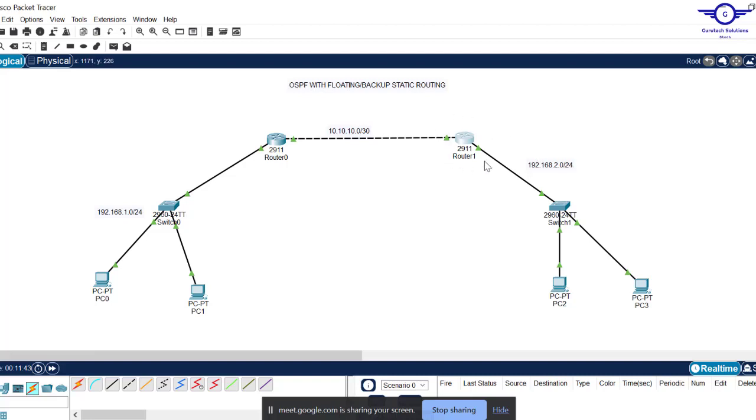Router 1 doesn't know that this network exists, and the same way router 0 doesn't know that this network exists. If they don't know that these networks exist, any device in this network will not be able to communicate with the devices on the other side, and the same applies the other way.